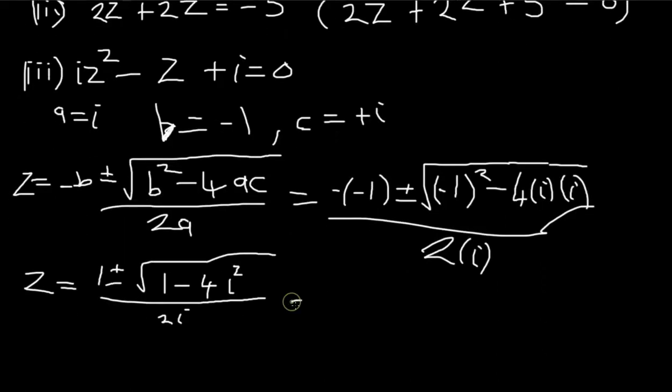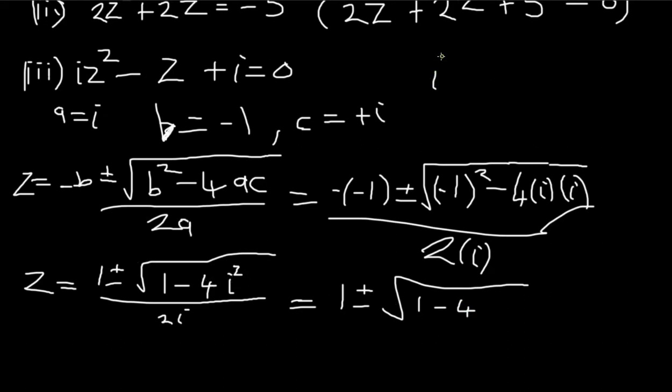So now we can proceed. So this is 1 plus or minus the root of, this is 1 minus 4. Remember what we said. What is i squared?